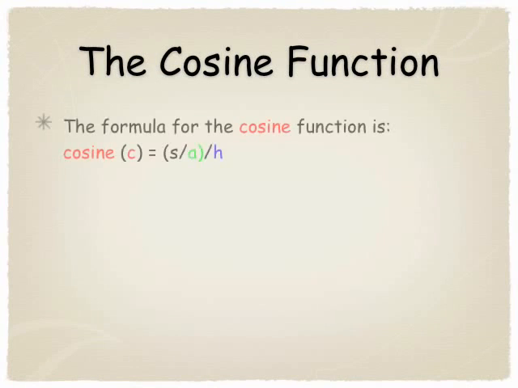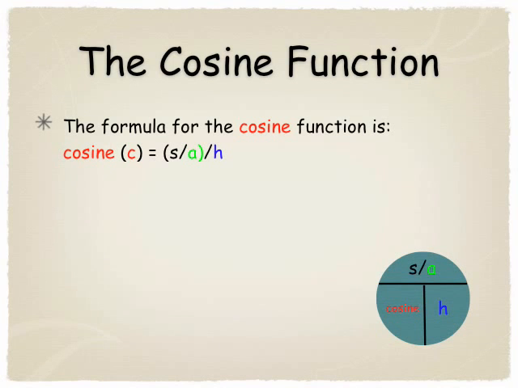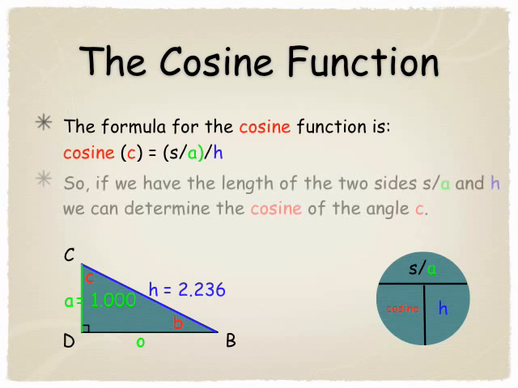Let's look at the cosine function. Its formula is the cosine of C equals the side adjacent over the hypotenuse.